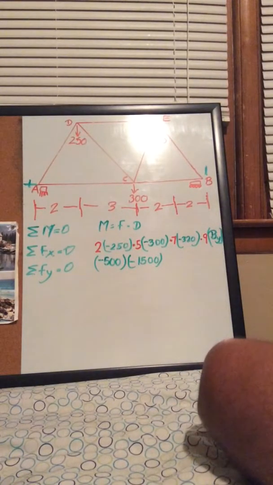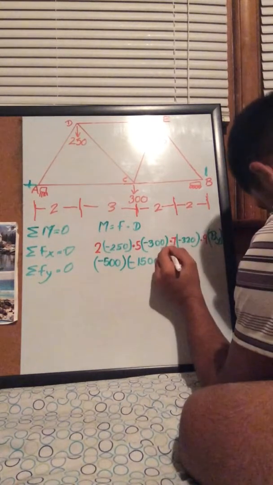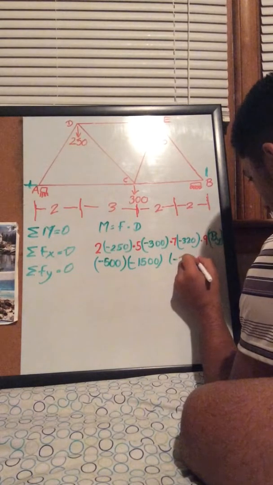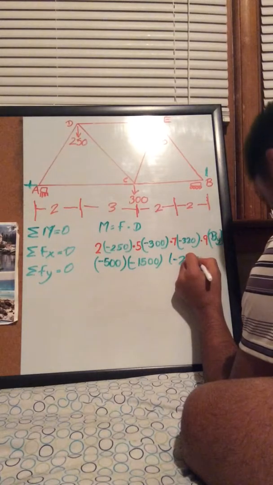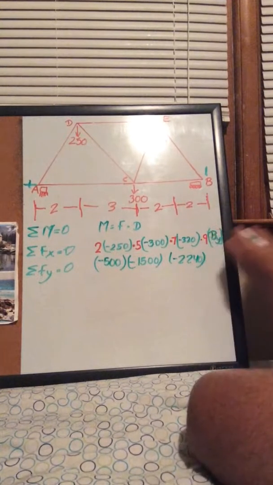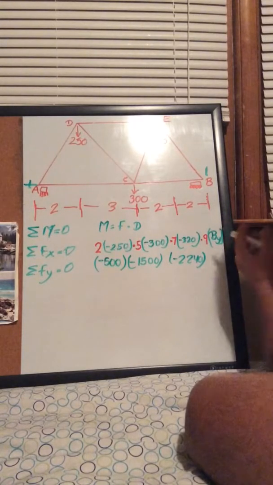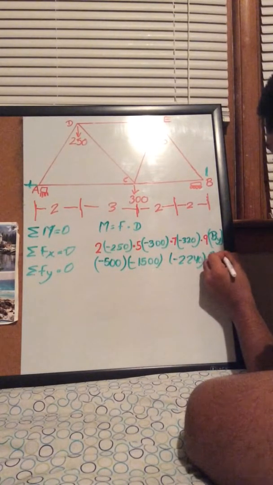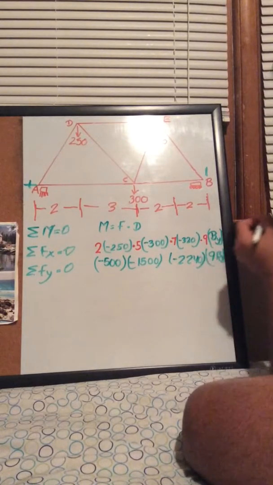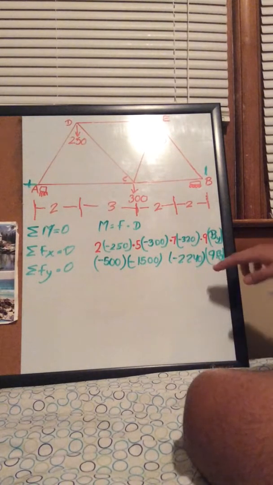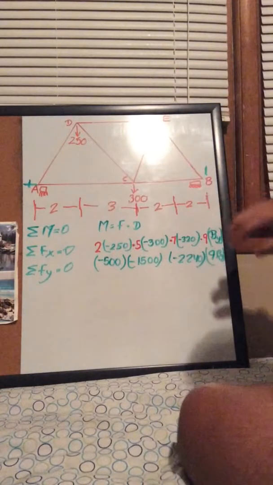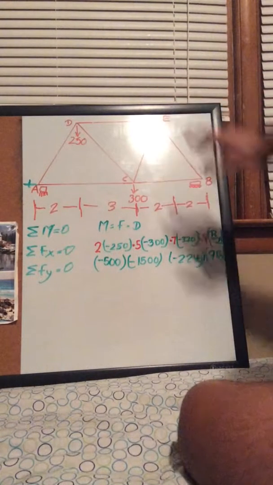When you multiply 7 times 320, that will be negative 2240, and 9 multiplied by BY will be 9 BY. Everything else is negative and this one is positive, because you know that all the weight is coming down, so this has to go up to hold all that weight.